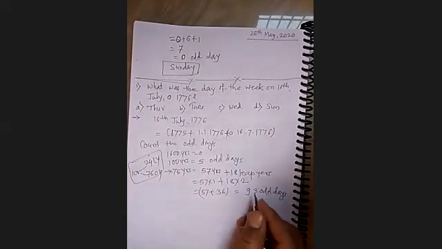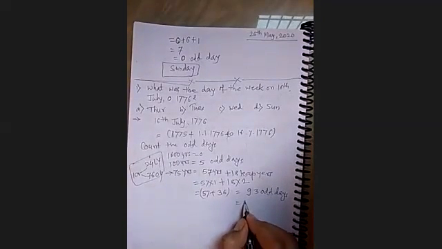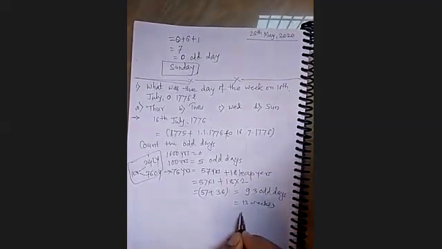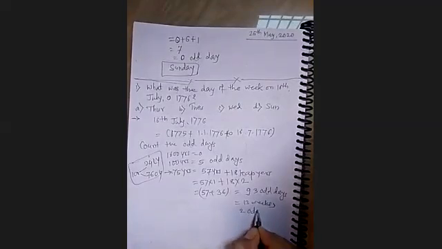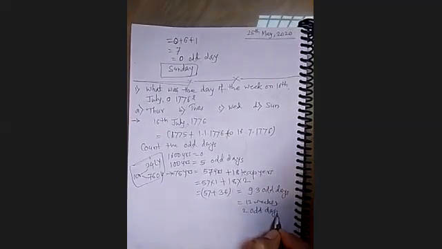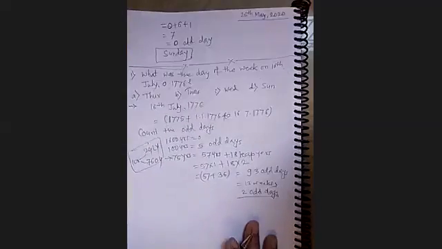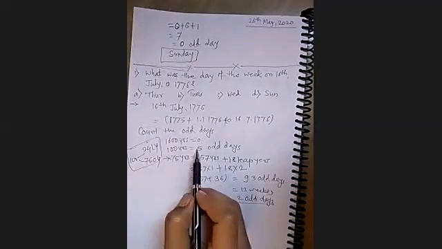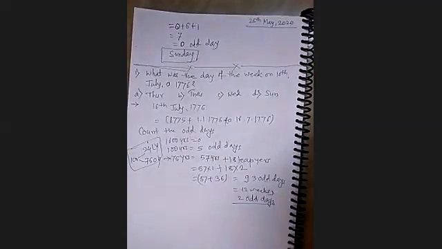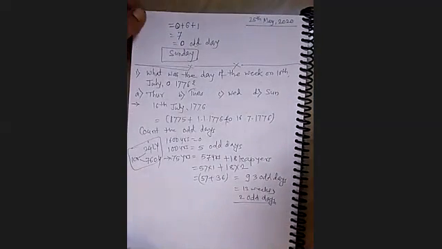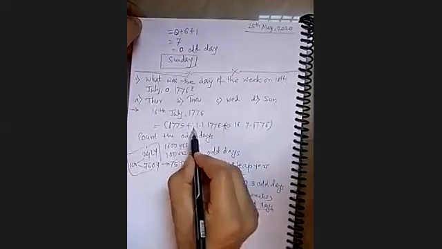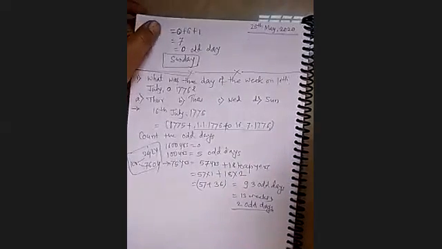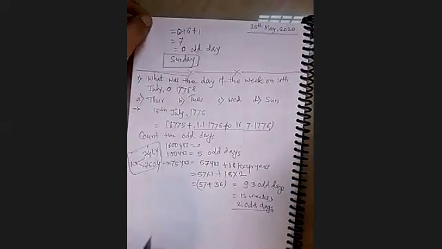You can convert it into 13 weeks and 2 odd days. So till now you have got 0 plus 5 plus 2 odd days. And now you have to find out the odd days for this particular time period, right?